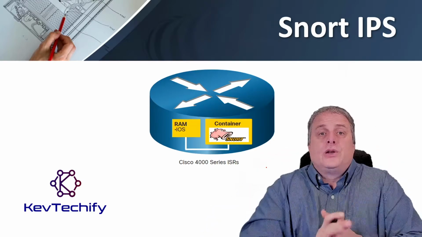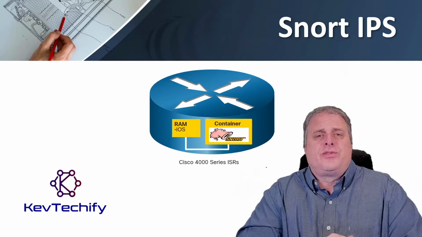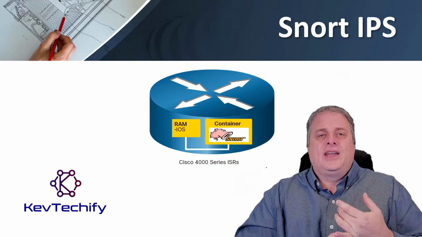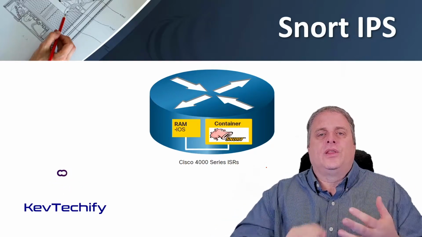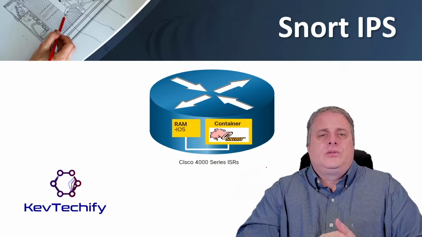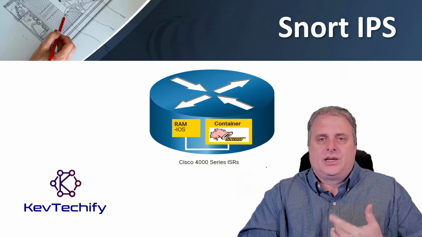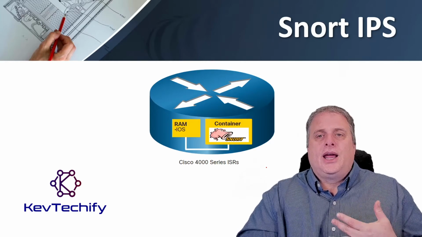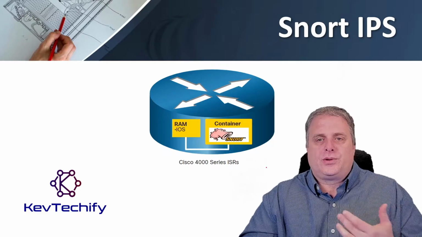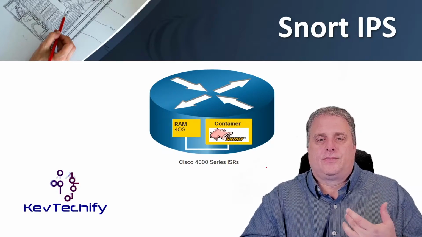Snort is an open source network intrusion prevention system that performs real-time traffic analysis, and it also generates alerts when threats are detected on IP networks. Snort can also perform protocol analysis, content searching or matching, and detect a variety of attacks and probes such as buffer overflows and stealth port scans.